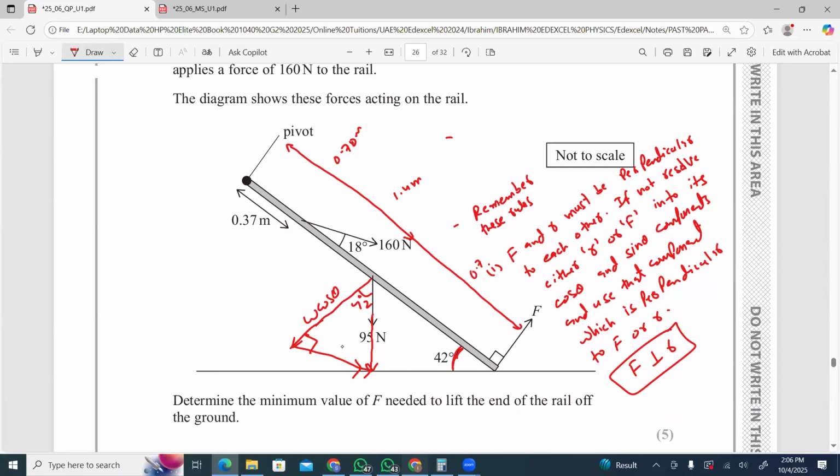And this halfway is also 0.7 meters. And you can see that this force is not perpendicular to the distance from the pivot, right? So the distance from the pivot is R, and here the force is acting like that. So what should I do with it?